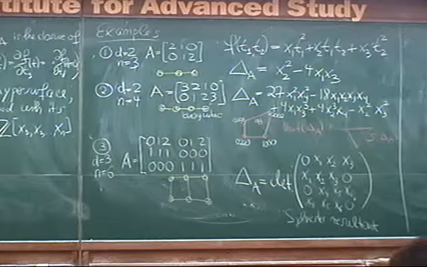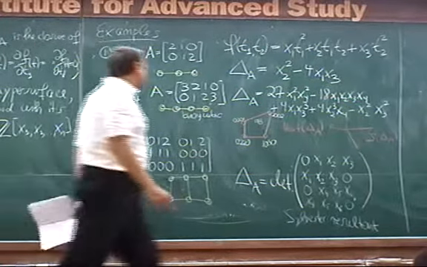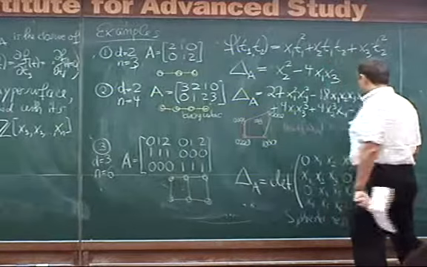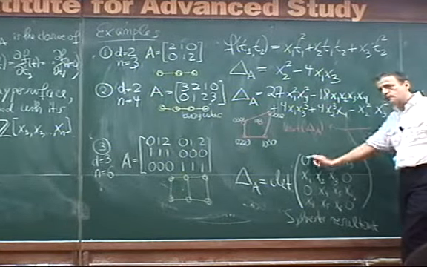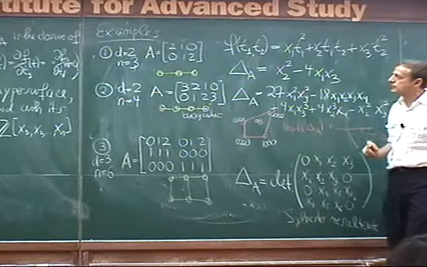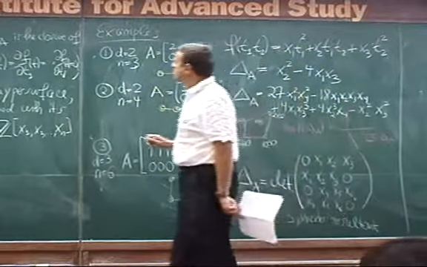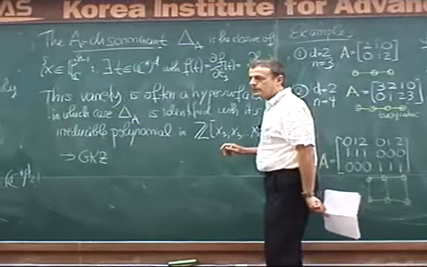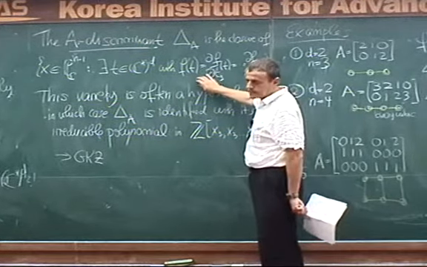Oh, delta A is the hypersurface. So delta A is the quartic hypersurface in P5 given by the vanishing of this polynomial. So delta A is the closure of this set.